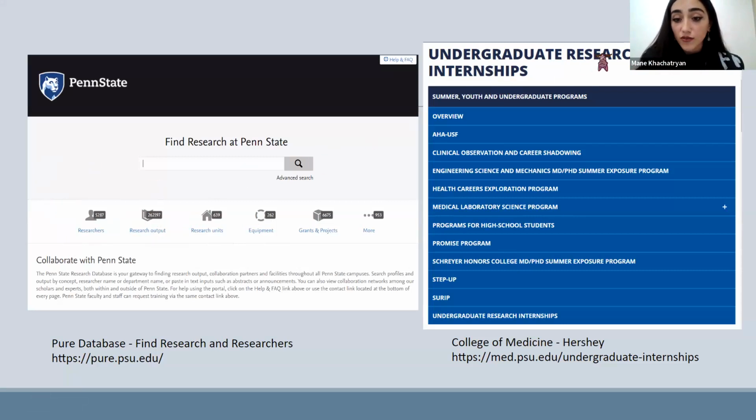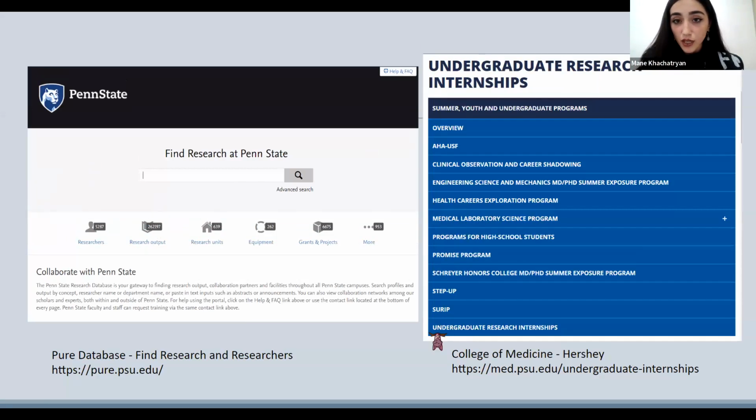Another one, going back to this example of the College of Medicine near me in Hershey. When you go to their website, they have an entire list of different undergraduate research internships, everything from MD, PhD, summer exposure programs. This is if you're in Schreyer's.